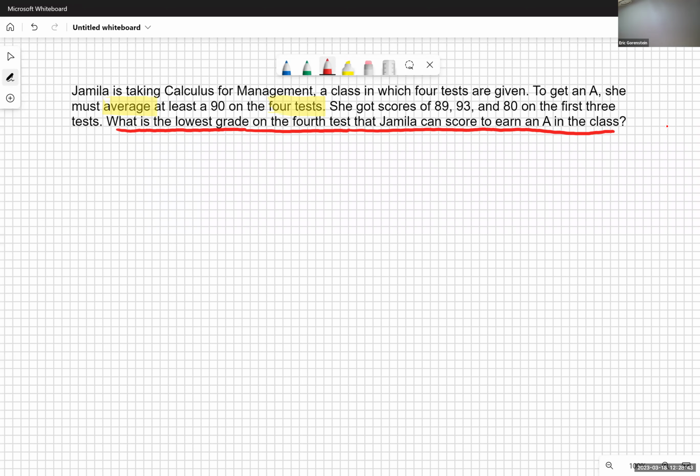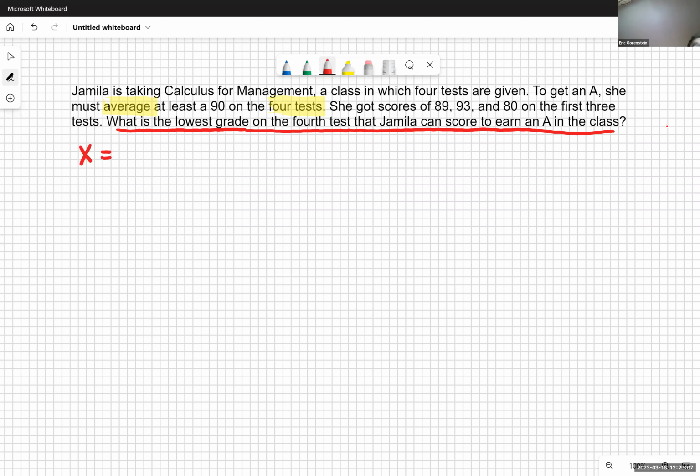The first step in any word problem, if we're using algebra, is to define our variables. All right, we're going to use a symbol. I'm going to use X because that's the standard symbol we use in algebra. So the first step is to define our variable or write down explicitly what the letter X will represent.